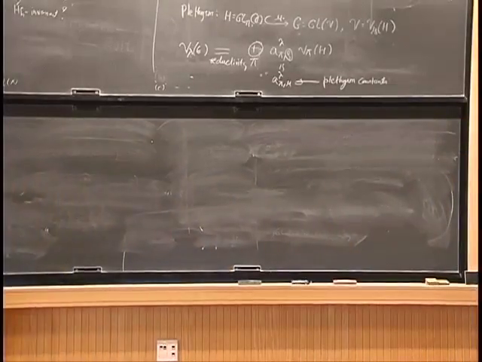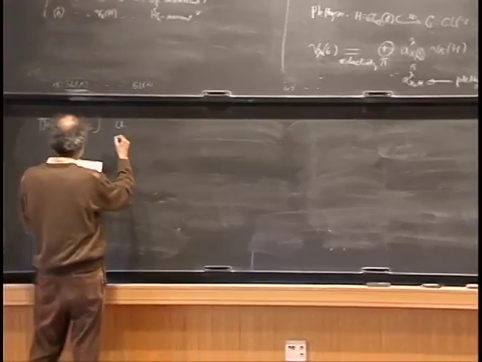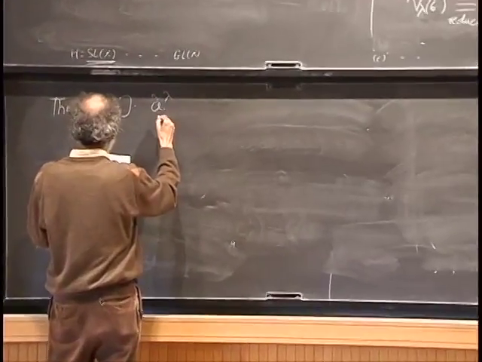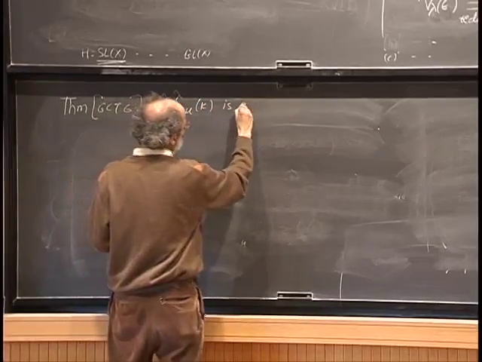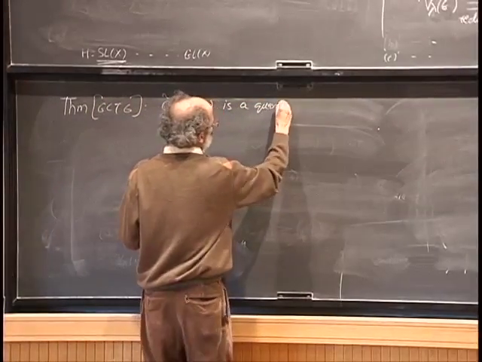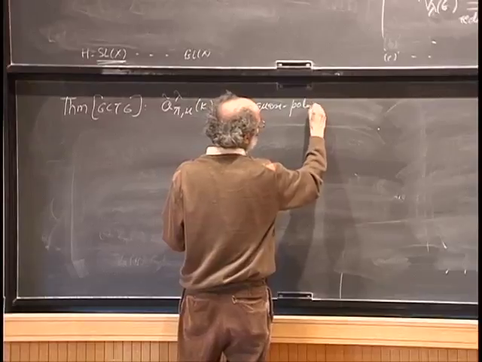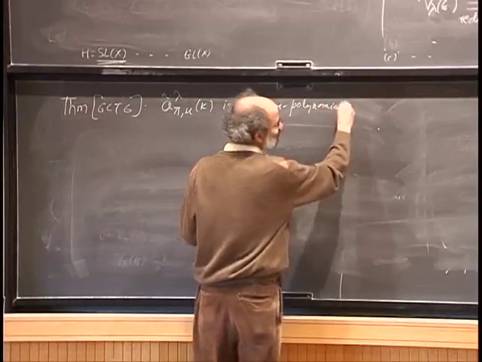So the theorem. We'll just state it for the Plethysm case, but it works in more generality. But we are just going to do it for the Plethysm case. That m lambda pi mu k is a quasi-polynomial. So this is a critical result for our story. So let's go over that.